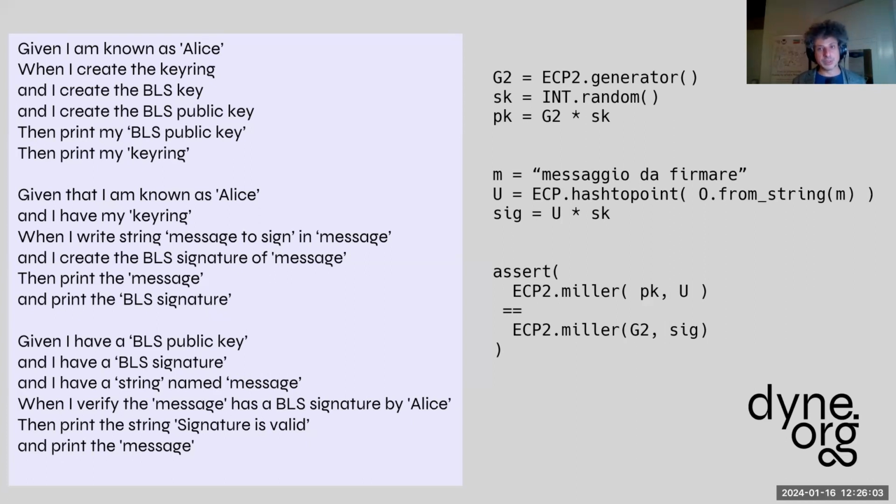Then we go to the when phase, which is the read-write phase, in which the computation really happens. So in the when phase, we can create new keys, we can create public keys out of them, and we can create signatures, as you see in the code on the left. And in the last phase, the then phase, we print out things with the encoding, implicitly the encoding that we brought them in from.